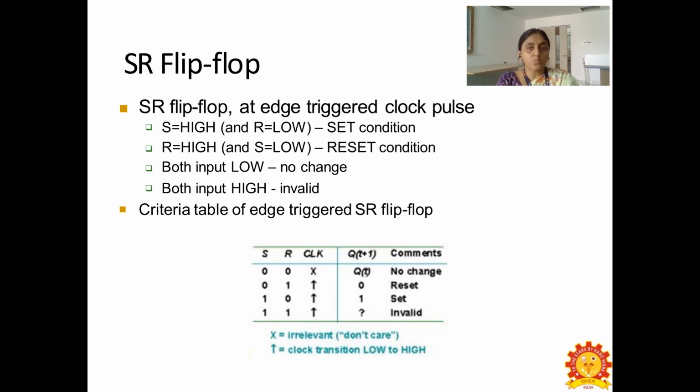And when S is 1 and R is 0, and you see the clock transition from low to high, then the next state value will be 1, which is the set condition. And when S and R are both 1 and the clock pulse transitions from low to high, then we can say the next state value we cannot find, it is invalid.